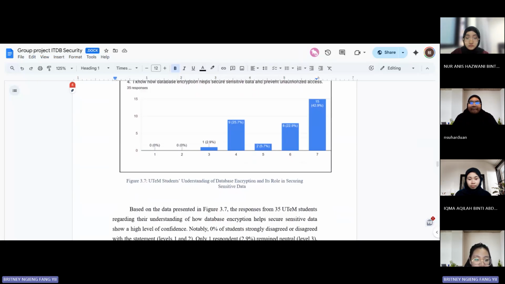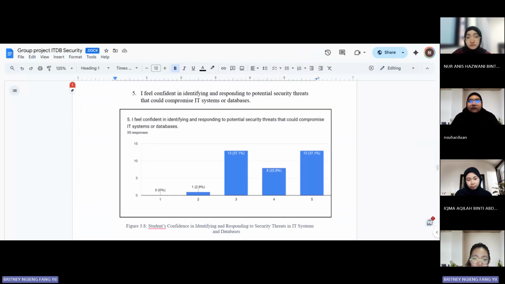This result indicates that nearly all surveyed students believe they understand the role of database encryption in preventing unauthorized access. This overwhelmingly positive perception, with the presence of students in UTeM at a middle-range agreement level, suggests that they are familiar with the concept, but they may not have mastered advanced encryption techniques.